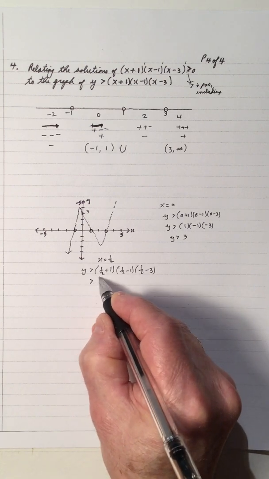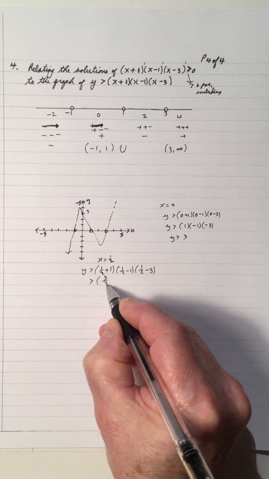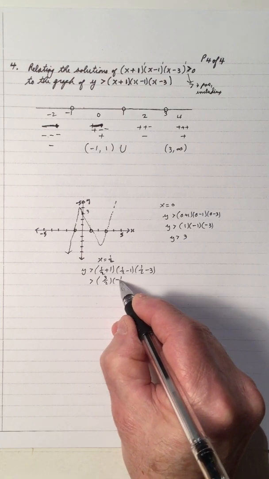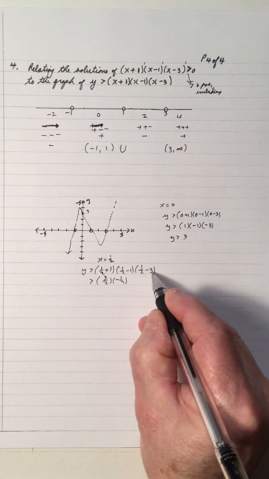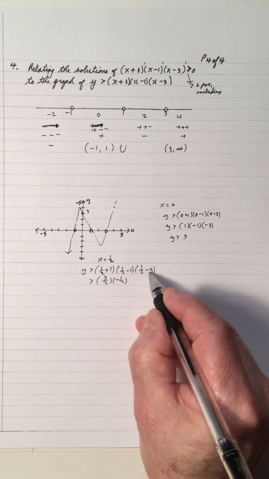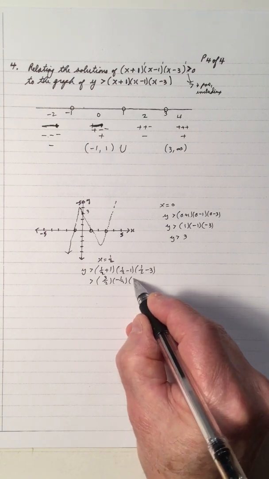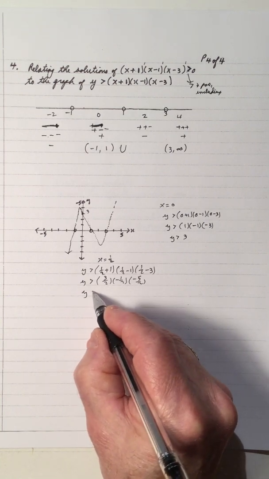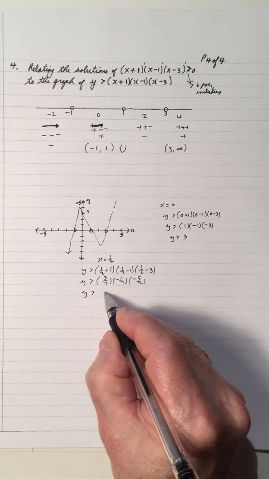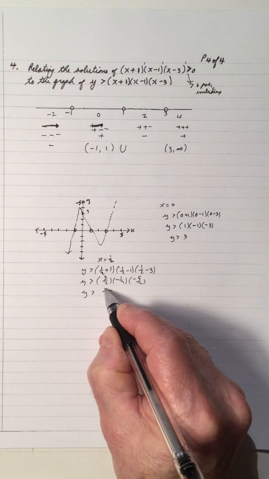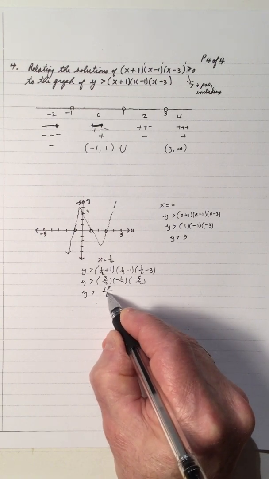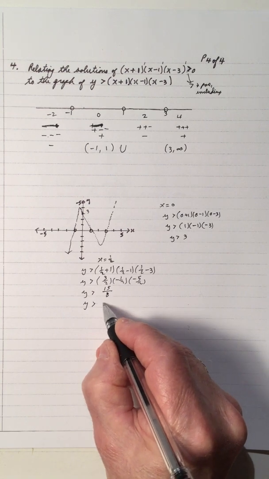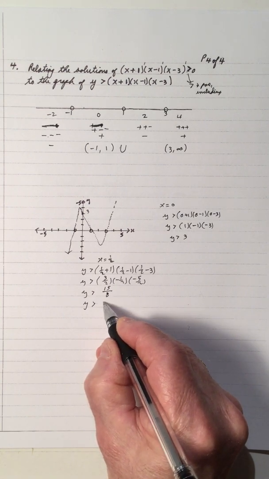And so that's 3 over 2, that's negative a half, and that's negative 5 over 2. So work that out, and I get an 8, and I get a 15.